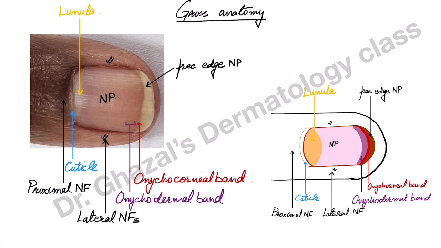Now moving on to the cross-sectional anatomy. To understand any anatomy, it is best to learn the diagram. I would advise to take a pen and paper and start drawing with me. So this is the basic outline that one should draw at first. Now this skin colored is the proximal nail fold.